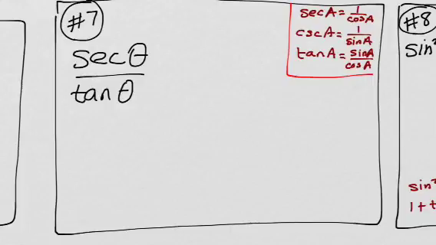The method I'm going to use for this first question, the first one's fairly simple, is to replace each term, each trig function, with its equivalent in terms of cosine and sine. So, for example, the secant of an angle is equal to 1 over the cosine of that angle. So I'm going to rewrite this as 1 over the cosine of theta.